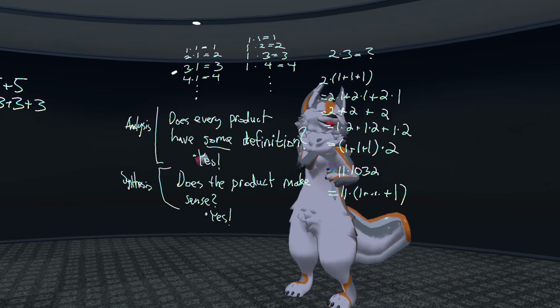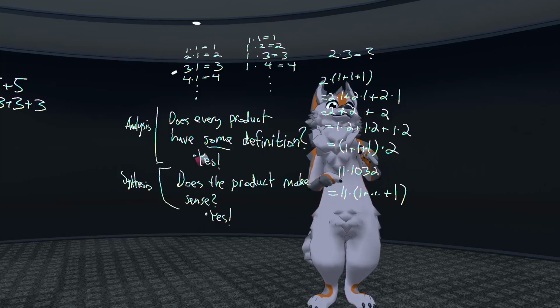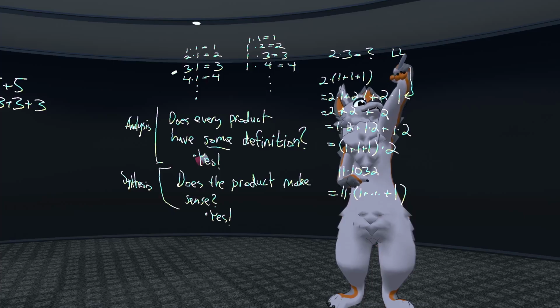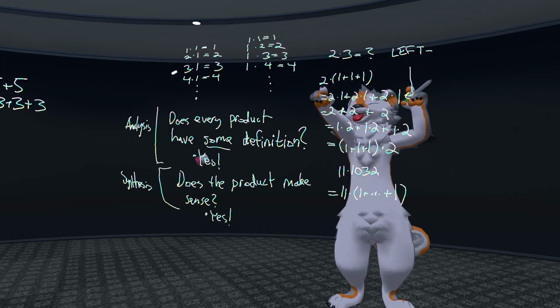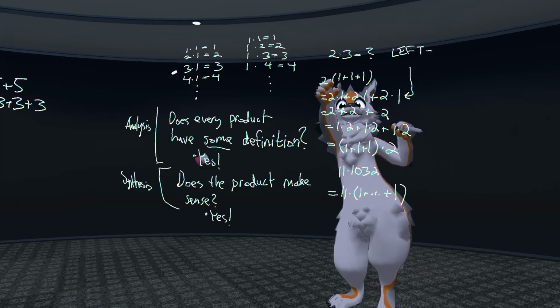Okay, this is getting very philosophical. So this right here is called left distributivity, because we take this 2 in from the left. So the big sum is on the right and the 2 is on the left.